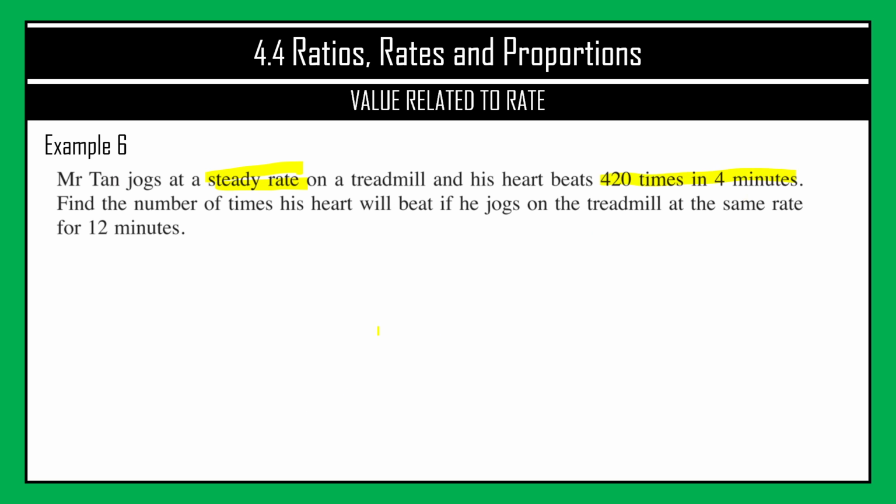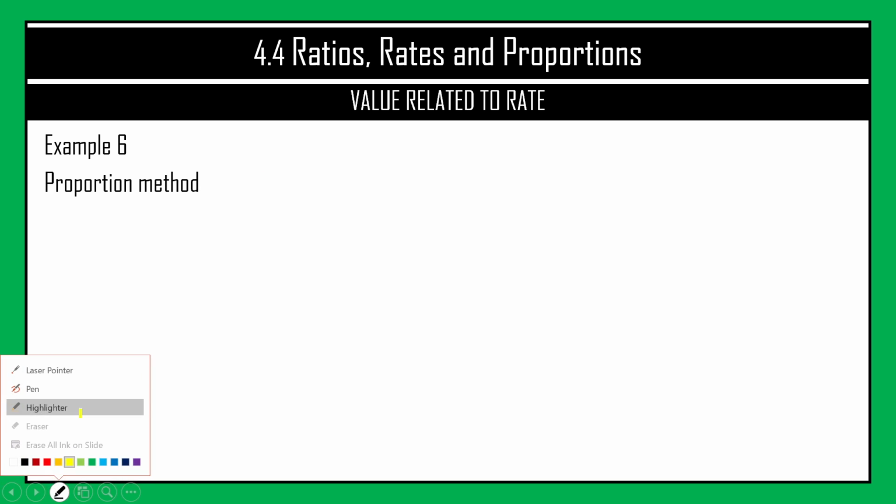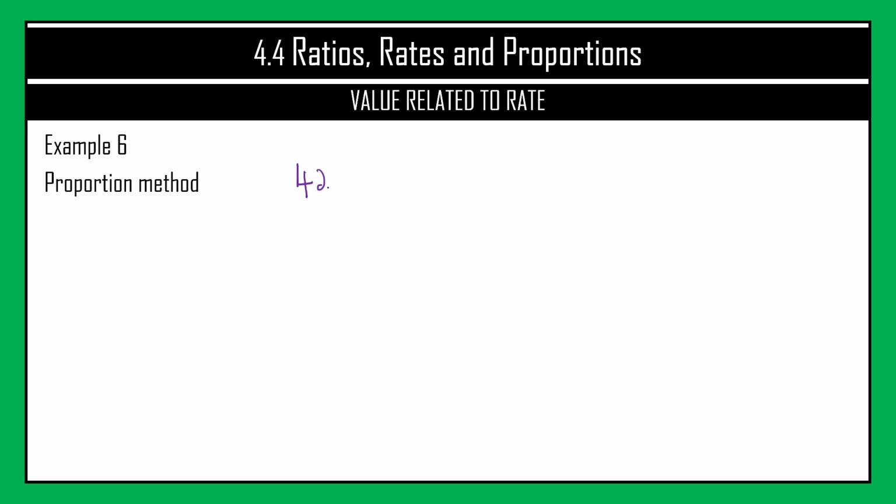Now the question asks you, if he jogs at the same rate for 12 minutes, what would his heartbeat be? So we're going to use two methods. One is proportion method. I know that his heartbeat is 420 beats for 4 minutes.